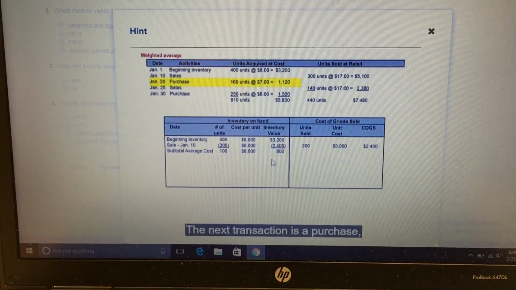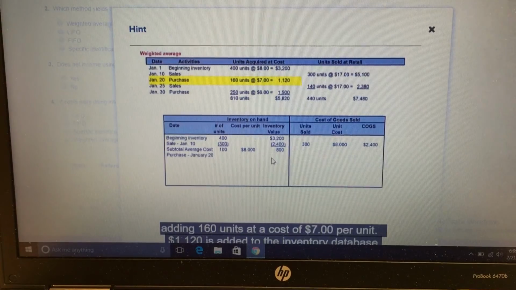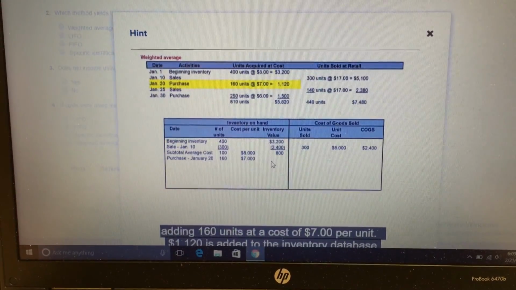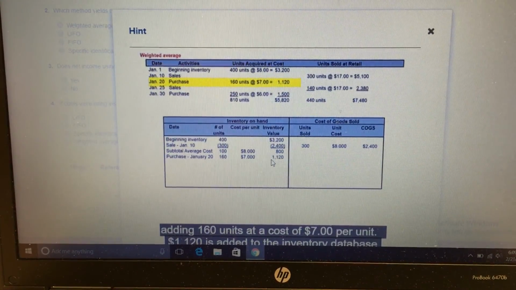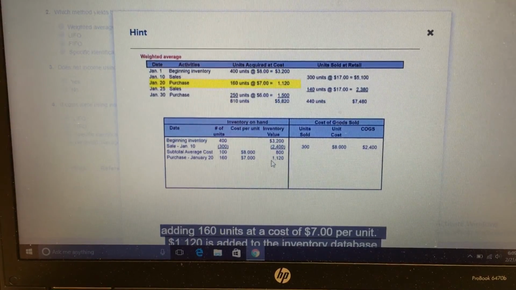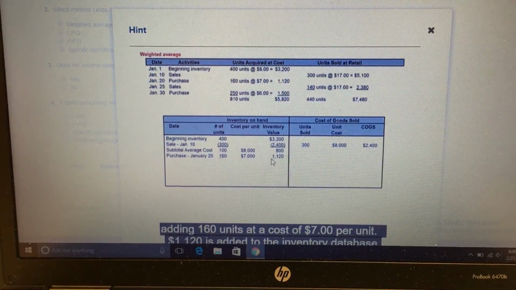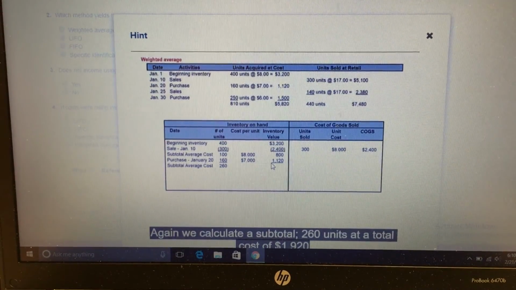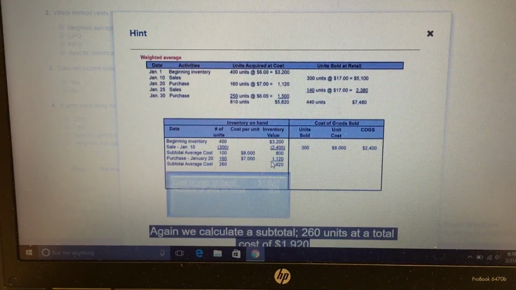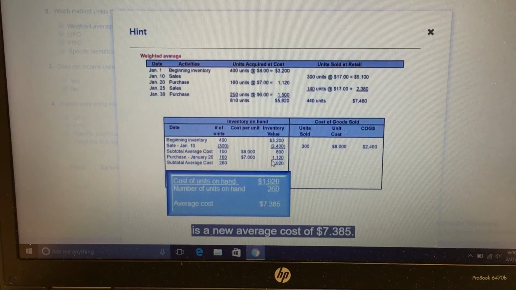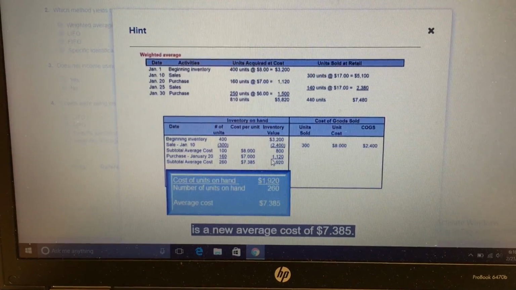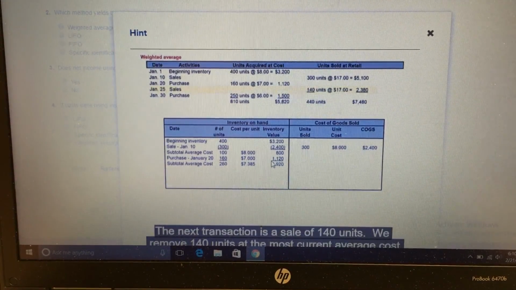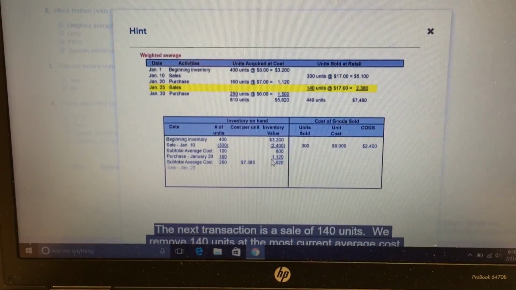The next transaction is a purchase, adding 160 units at a cost of $7 per unit. $1,120 is added to the inventory database. Again, we calculate a subtotal. 260 units at a total cost of $1,920 is a new average cost of $7.385. The next transaction is a sale of 140 units.